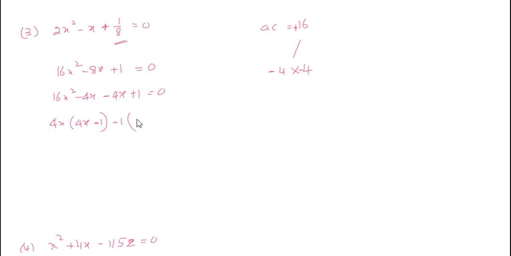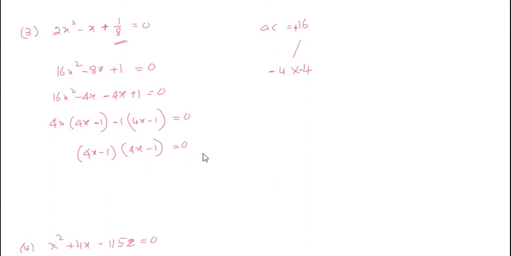This becomes 4x minus 1. Since there is a bracket, this sign becomes minus, equal to 0. 4x minus 1 is common, take it out. What is remaining is 4x minus 1, equal to 0.